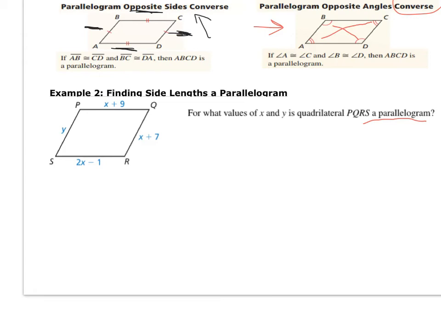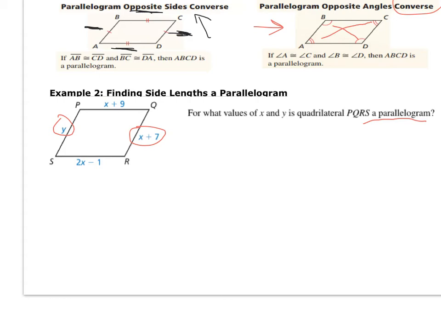Well, let's look at the information. My x's and my y's, they're opposite sides. And so remember, you know the opposite sides are equal. Now there is one issue. When you go to this side over here and this side over here, they are congruent or equal to each other, but one of them has a y and one of them has an x. So you're really not going to be able to start there first.